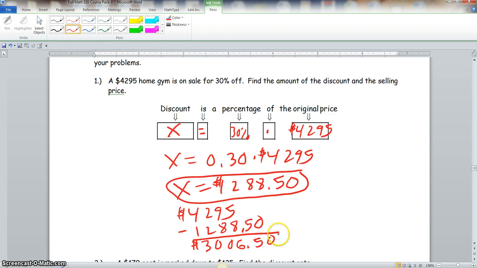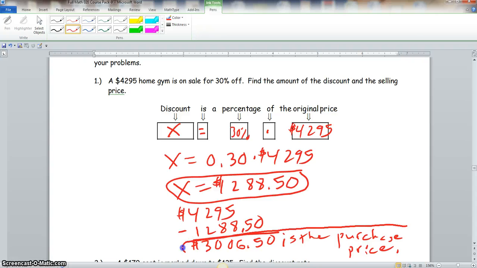That is the purchase price. So this right here is the final answer for this problem.